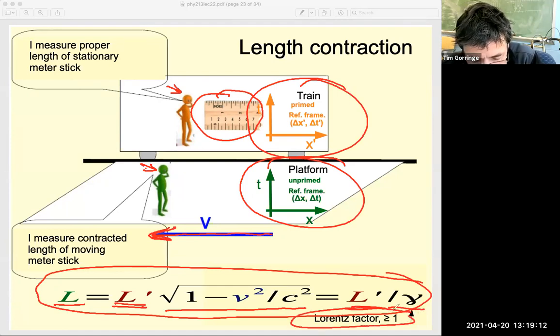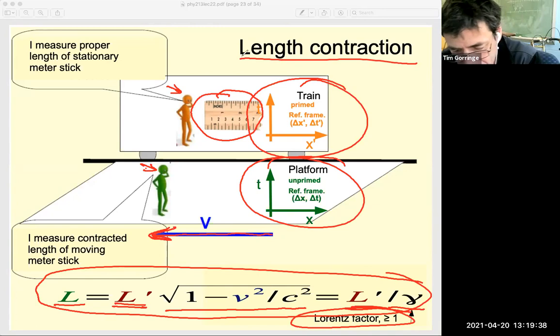And again, as a reminder, that Lorentz factor would be 1 if the platform was at rest with respect to the train, and it grows from 1 as the platform is moving faster and faster with respect to the train. And so as the platform is moving faster and faster with respect to the train, the length would shrink and shrink and shrink. And that's length contraction.